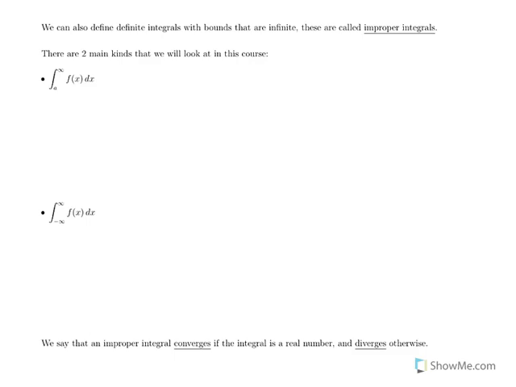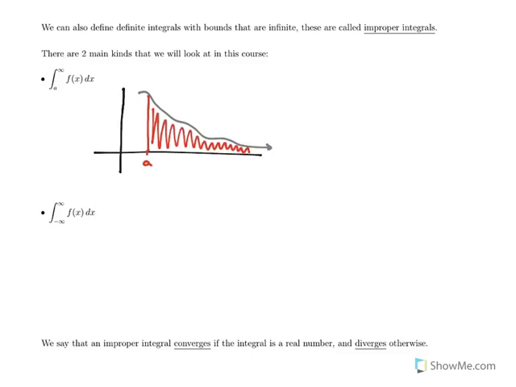And what this represents is, if you have some function here, and some value a, you are finding the area under the curve from a to infinity. It's an infinite area that we are finding.